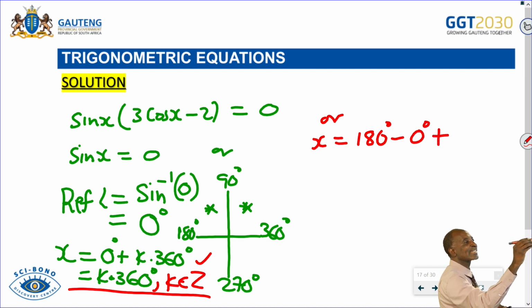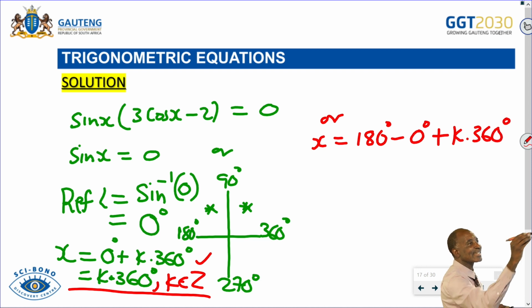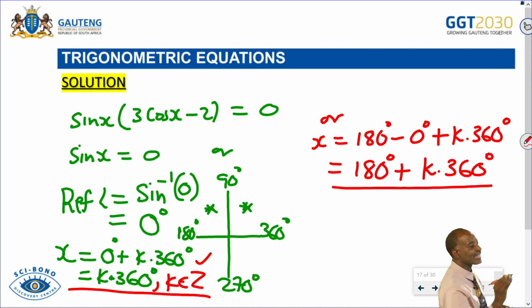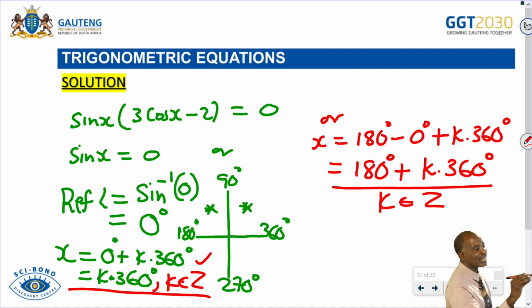But you have to add your period, which in sine is 360 degrees. So the other angles are going to be 180 degrees minus 0, which is still 180, plus k times 360 degrees. This is our general solution for k element of integers.